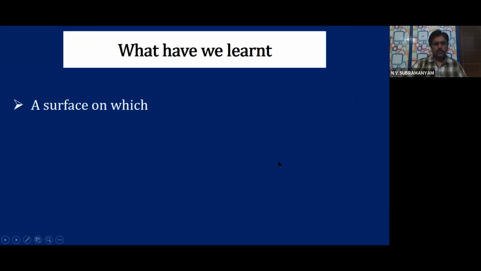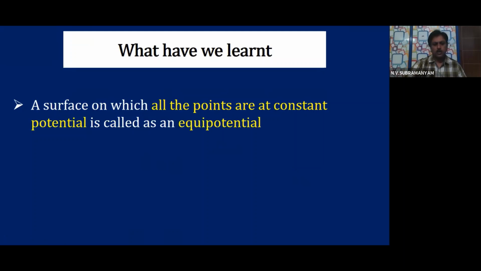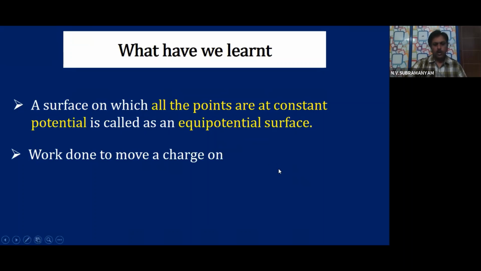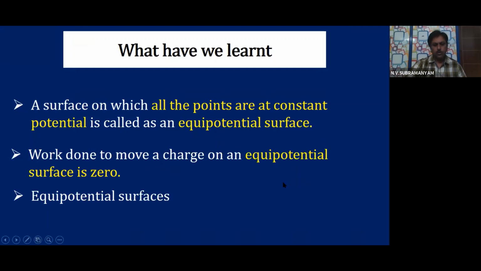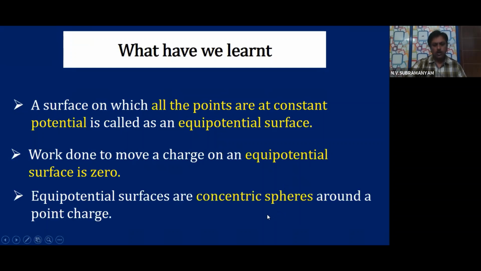A surface on which all the points are at constant potential is called an equipotential surface. Work done to move a charge on an equipotential surface is zero. Equipotential surfaces are concentric spheres around a point charge.